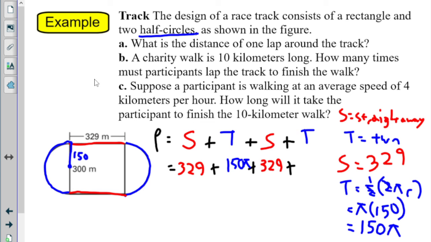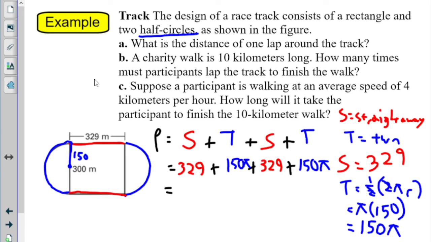And then our final turn is the 150 pi. Now, pi is going to work the same as our variables and square roots do in terms of thinking about them as like terms. In other words, I can't add and combine something with a pi to something without a pi.